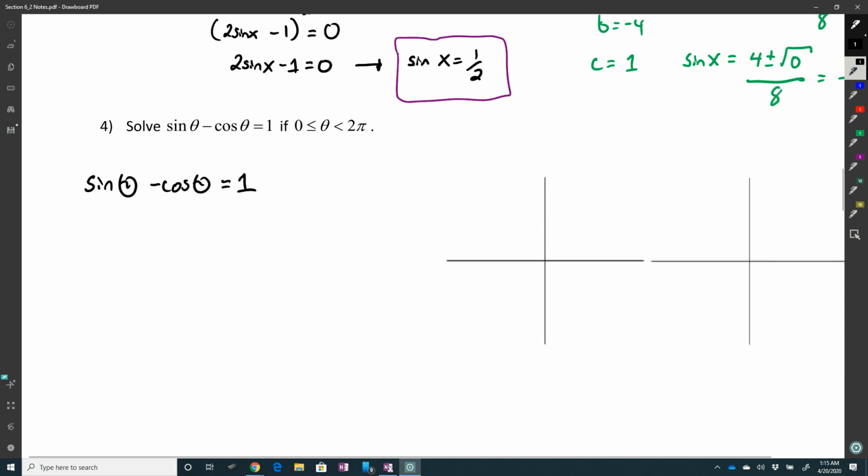Okay, now if they were sine squareds or cosine squareds, I could make substitutions. But as far as substitutions for just sine theta, cosine theta, I can technically make some, but there'd be square roots and all this nasty stuff involved. So what I'm going to try to do is make them squared so I can have easier substitutions.